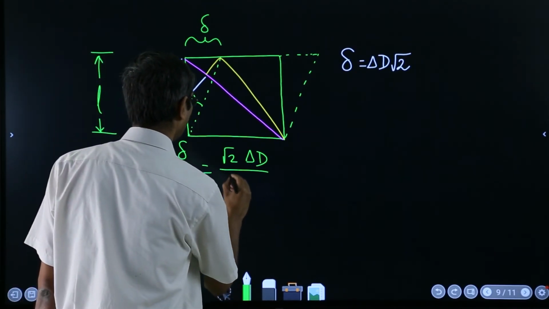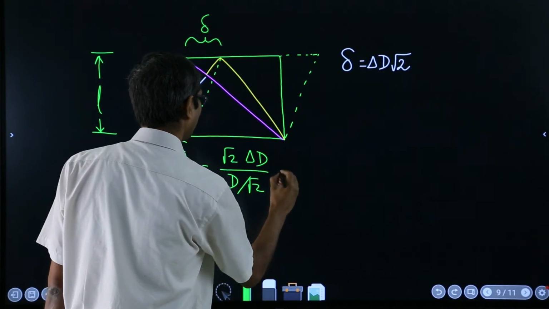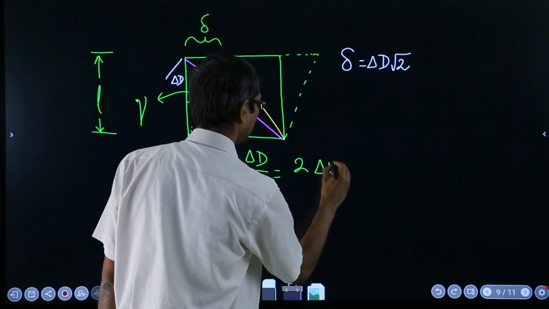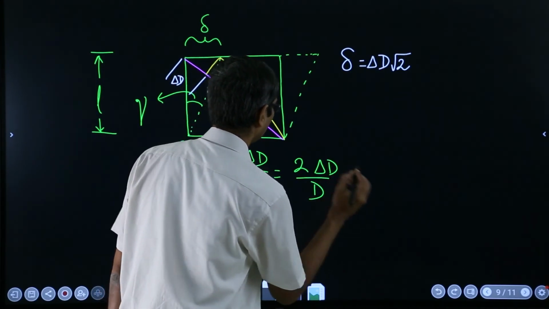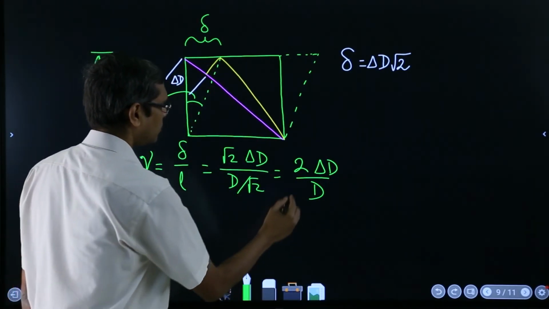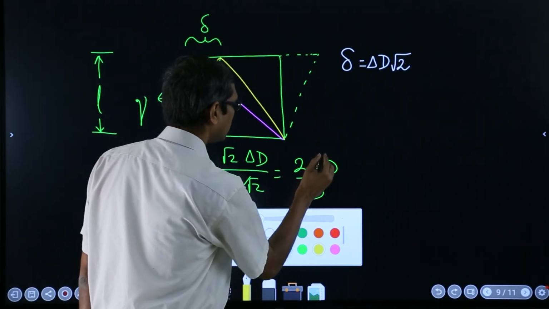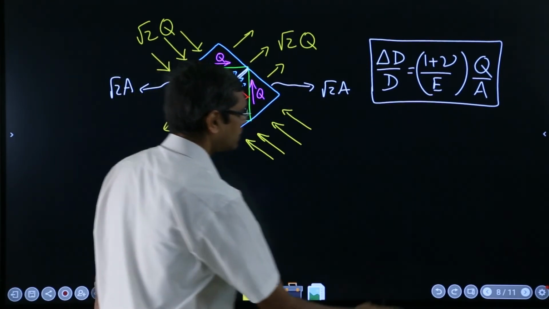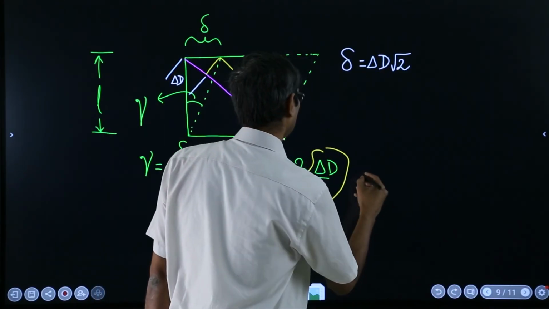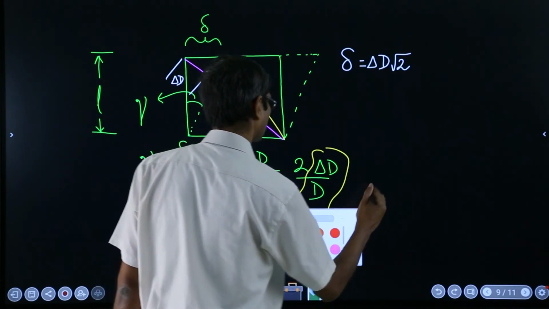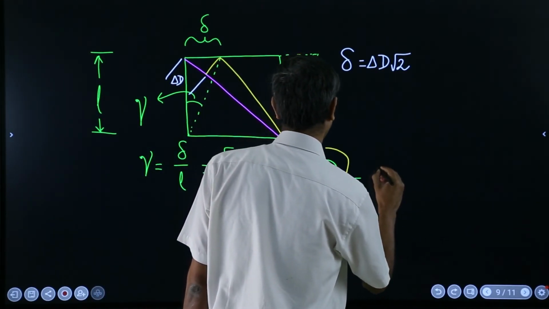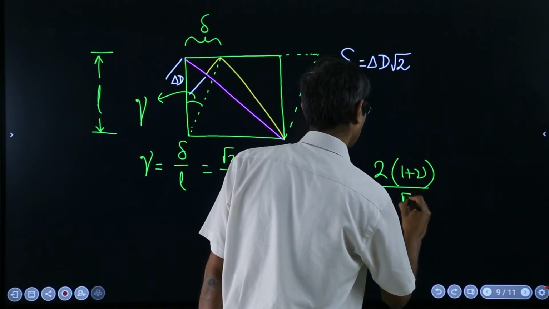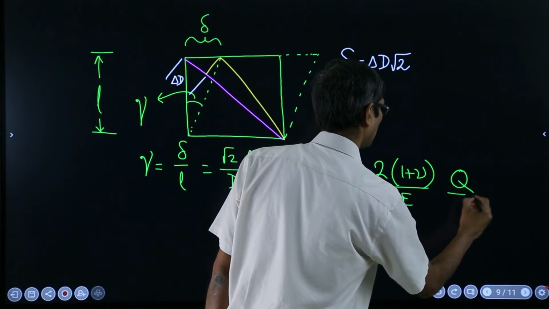So I'll put D over root 2, which is nothing but you will get 2 times delta D over D. But now you remember this term, we just derived it here. I'll write it here. So this will be equal to 2 times 1 plus nu over E times Q over A, right?